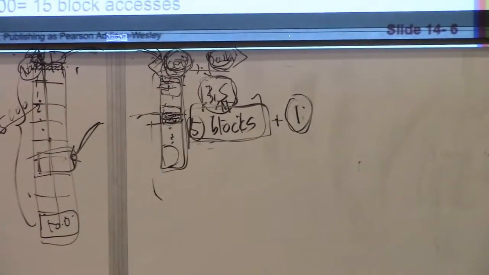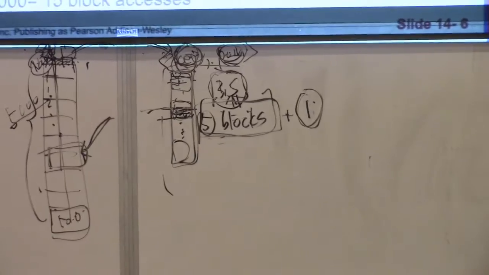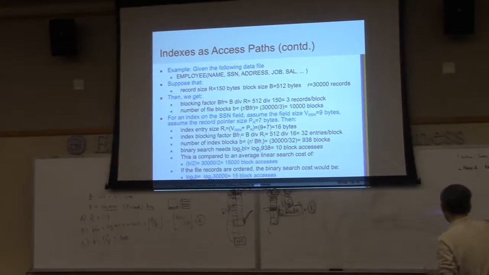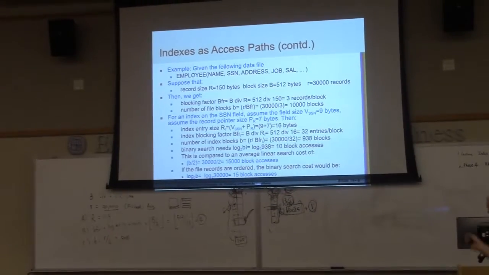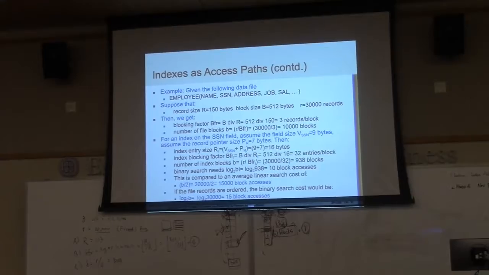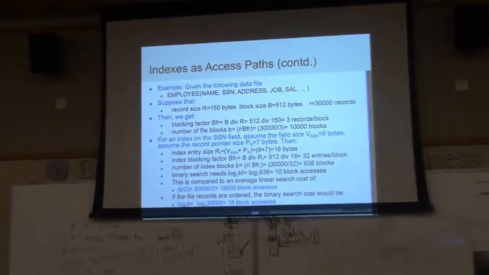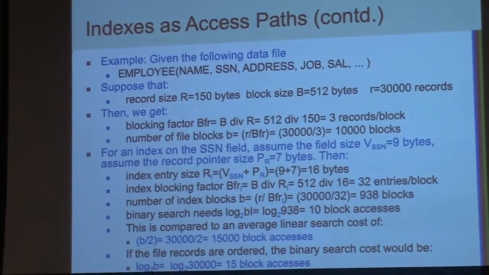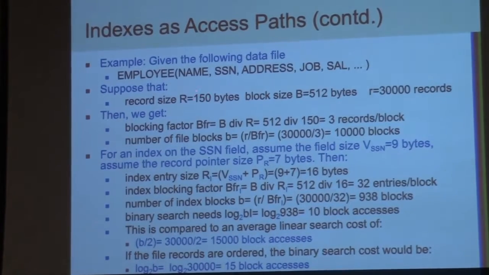So let's take a look at this example. How much faster is the index? There's a lot of information, but you can easily understand. It's similar to the data file we have used. So the employee has this information, and the record size R is 150.